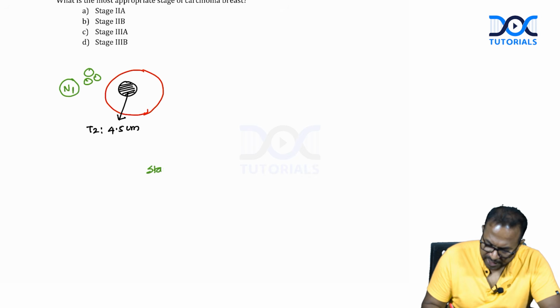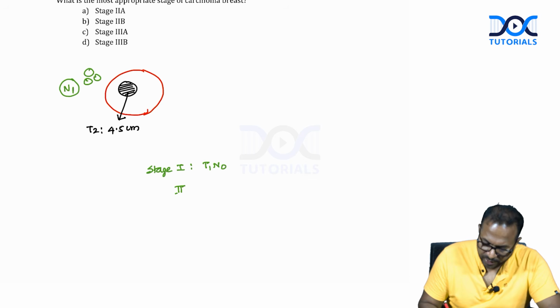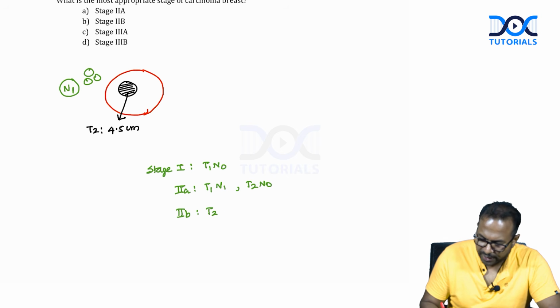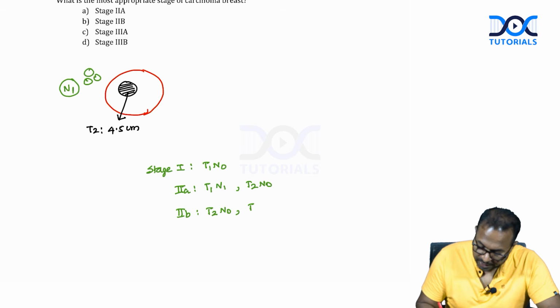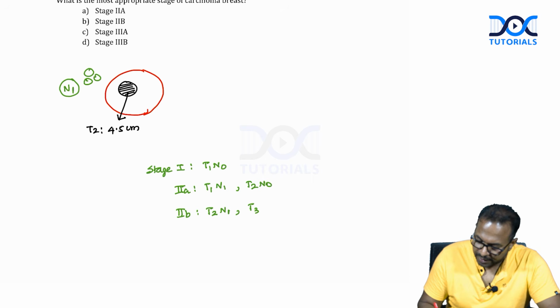So, stage grouping. Stage 1 is T1 N0. 2A is when you count it should come to 2: T1 N1 or T2 N0 is 2A. 2B is T2 N1, or T3 N0. When you count it should come to 3.